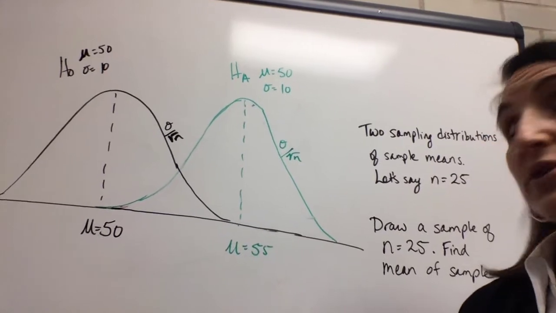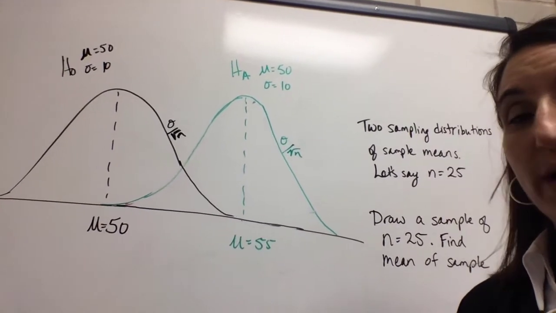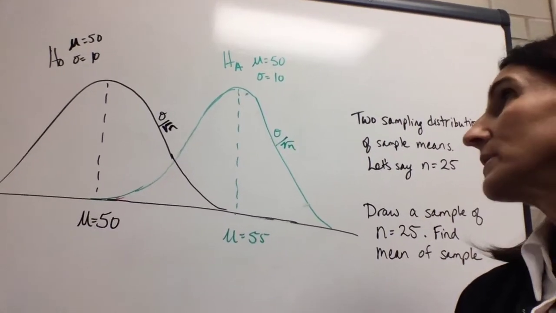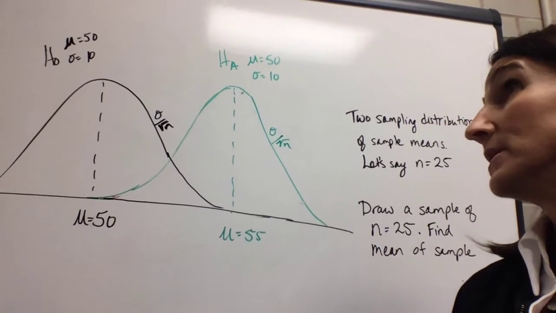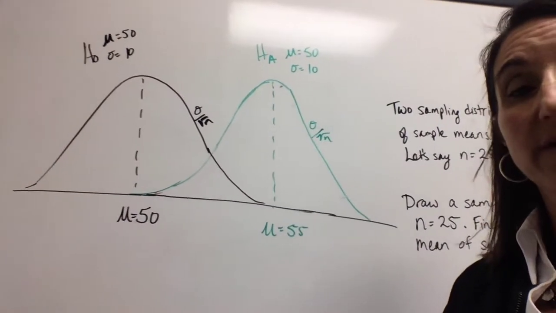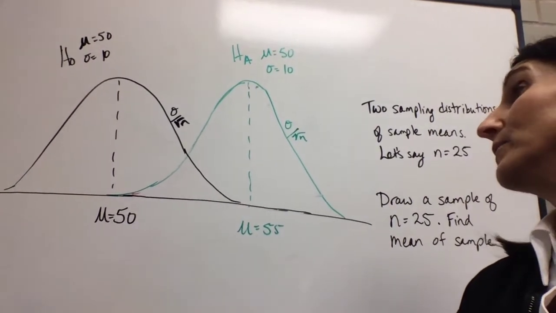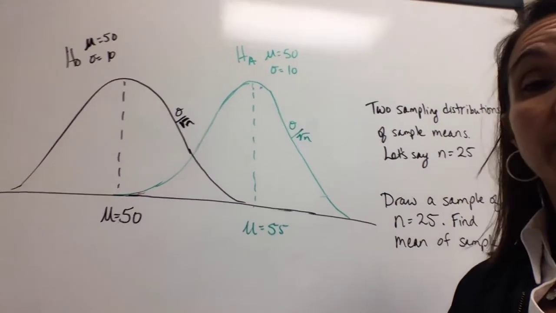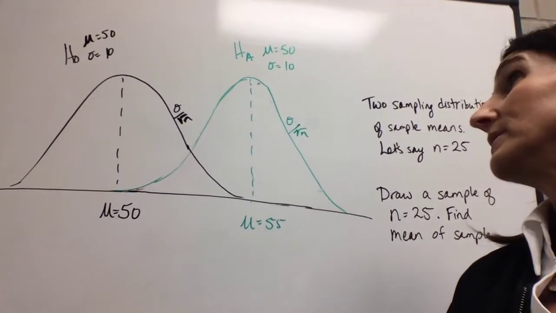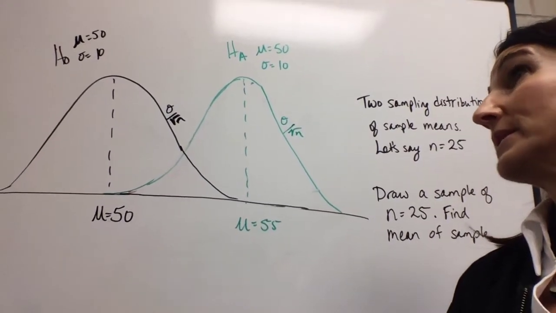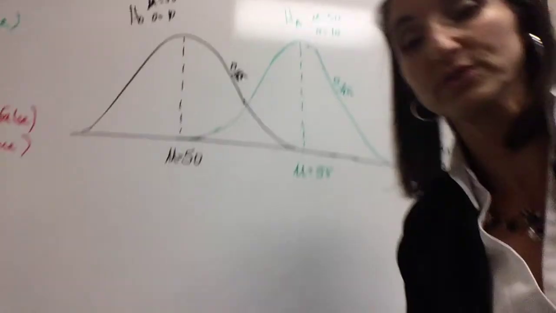We don't know which one it is, okay? But we're saying it's one or the other. So we're looking at the sampling distribution of sample means for the null hypothesis that mu is 50 or for the alternate that mu is 55.